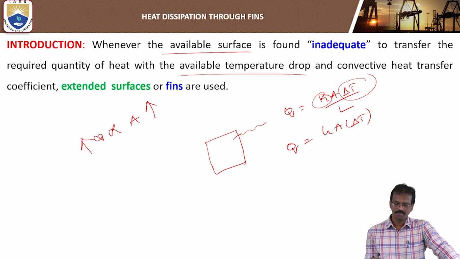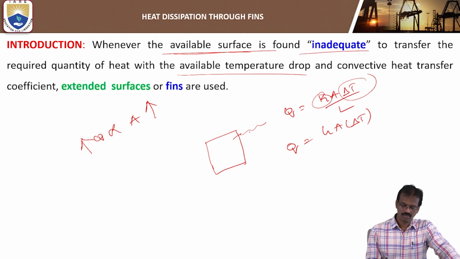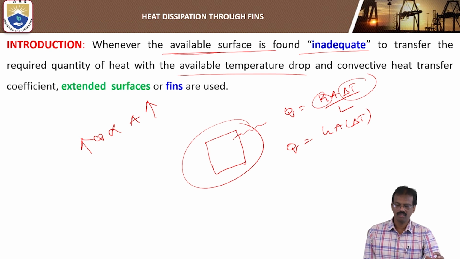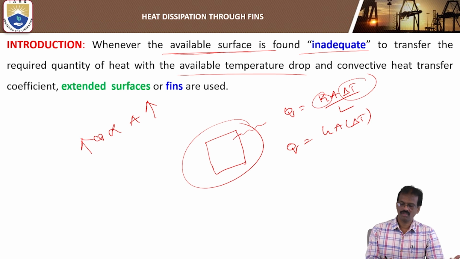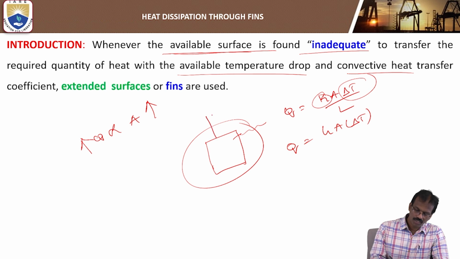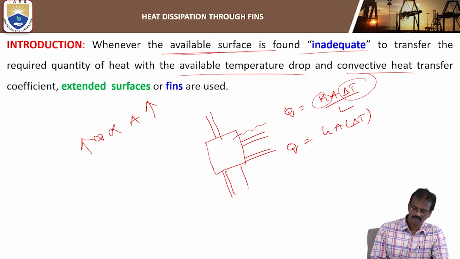Whenever the available surface is found inadequate, as with the surface of an engine, to transfer heat through temperature drop and convection to the surroundings, we add external or extended surfaces to increase the effective area. If the effective area increases, the rate of heat transfer automatically increases. So we add rectangular fins on these surfaces like this.